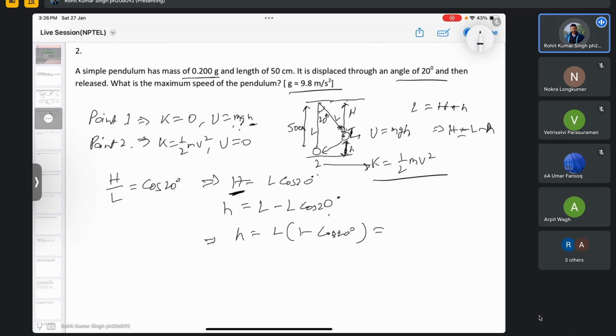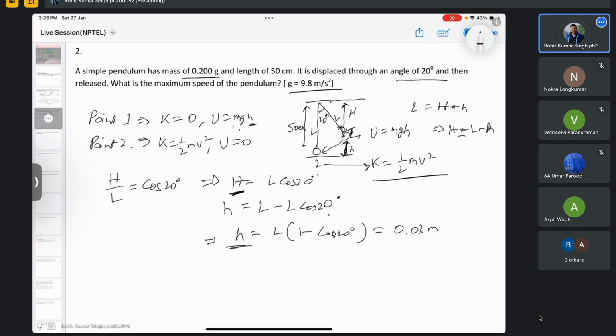L is 50 centimeter, given, and you will get 0.03 meter. You can put the value of cos 20 here using a calculator. Okay, so now we have h.